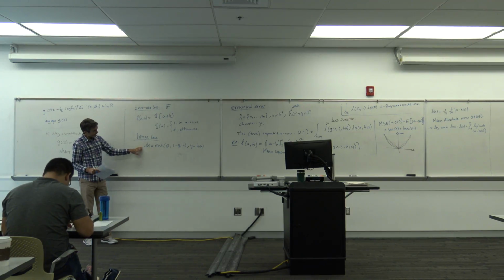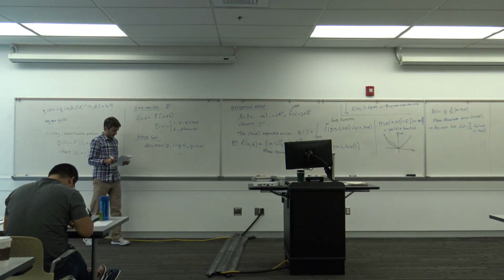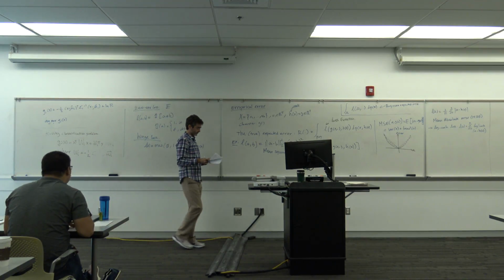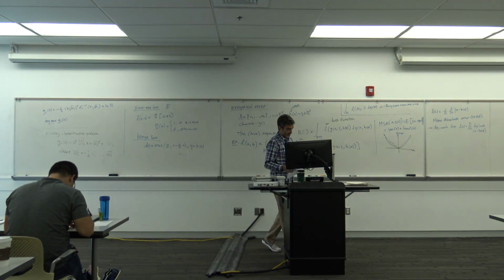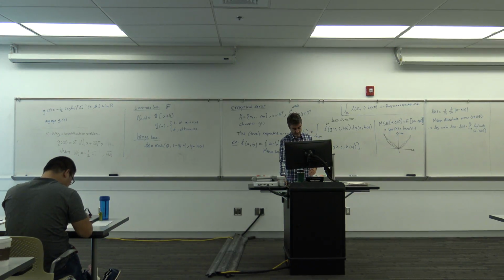This is also used these days quite a bit in deep learning. That's a very common loss in deep learning. There are other losses. When we talk about distributions, we will use the cross entropy loss.